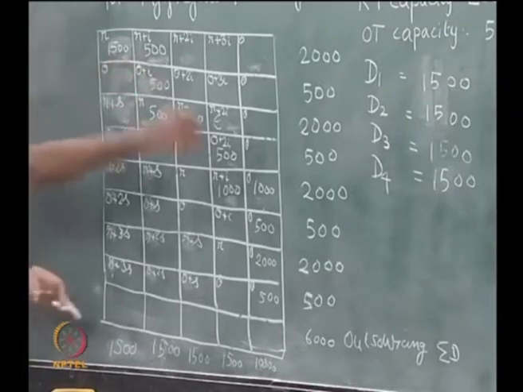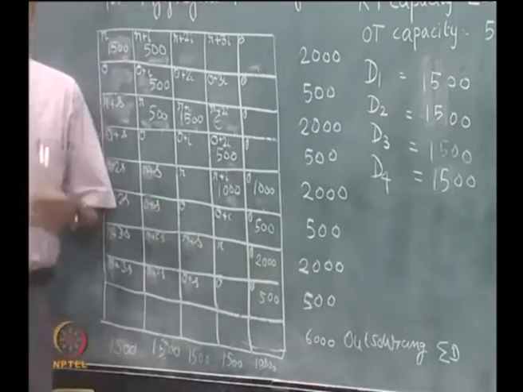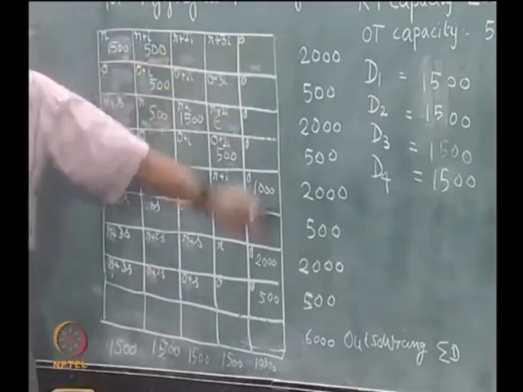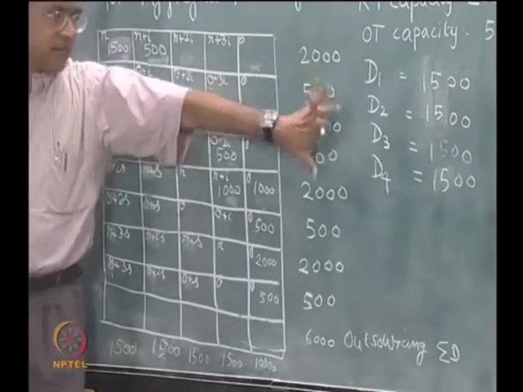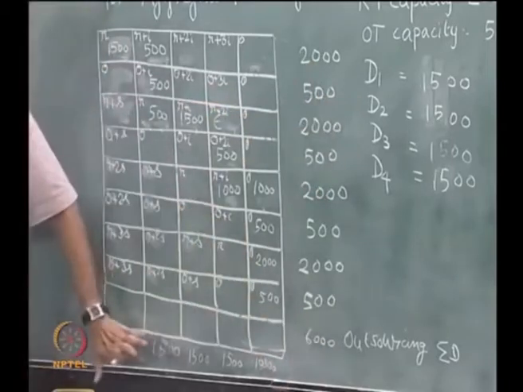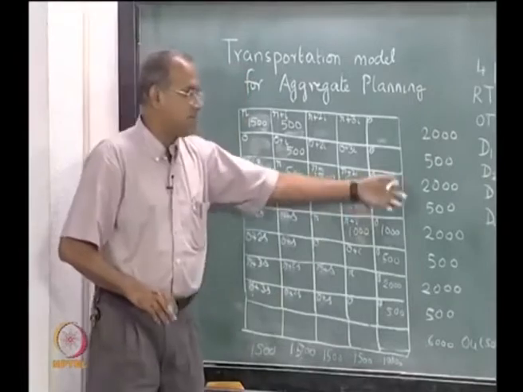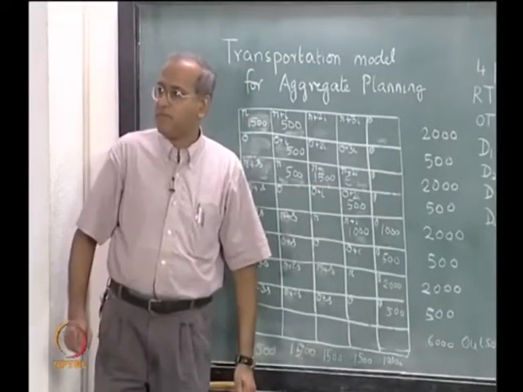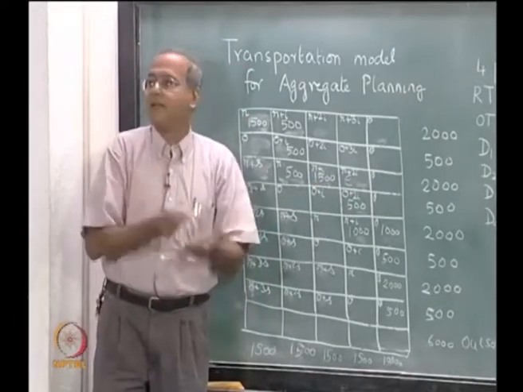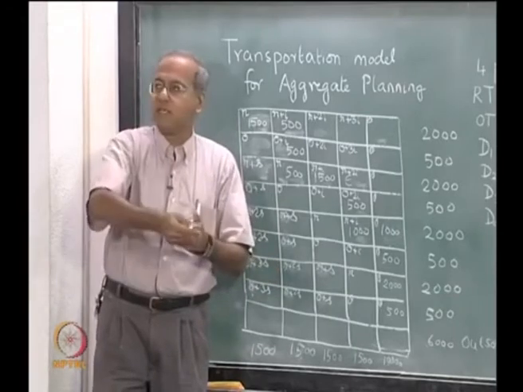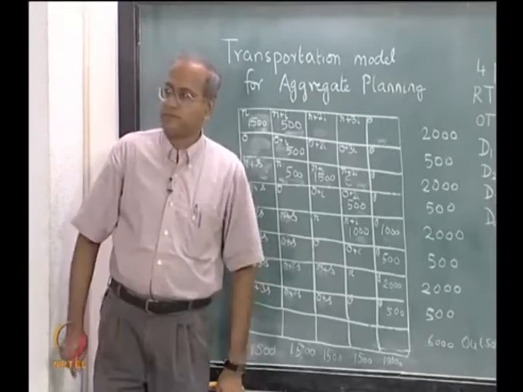So, we build in outsourcing. If we call this part sigma s and this part sigma d, it does not matter whether sigma d is bigger or sigma s is bigger, we will still be able to meet the entire demand, because outsourcing is available as an option.